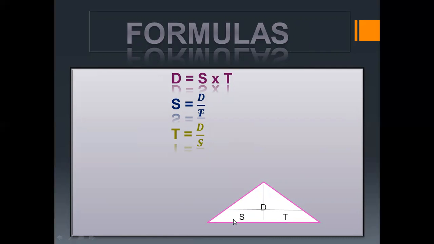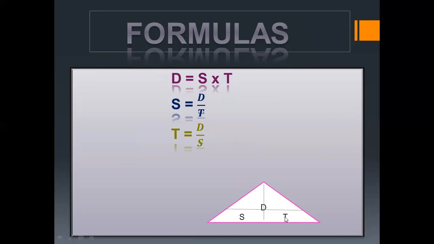When we are finding the speed, it is d divided by t, because d is in the upper portion and t is in the lower one. It means d will be in the numerator and t will be in the denominator.